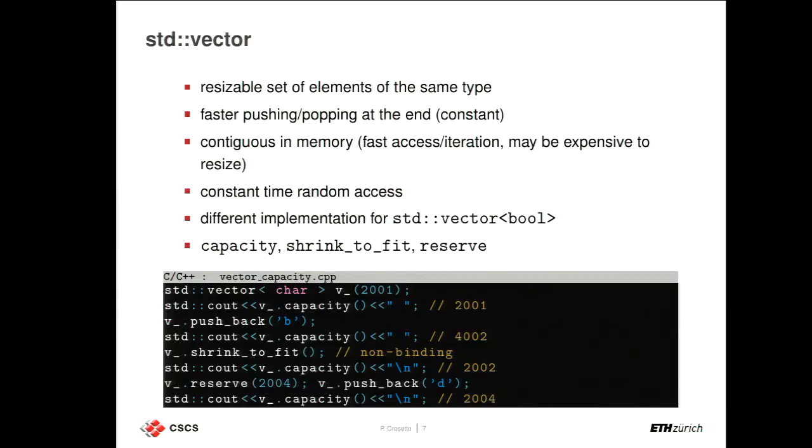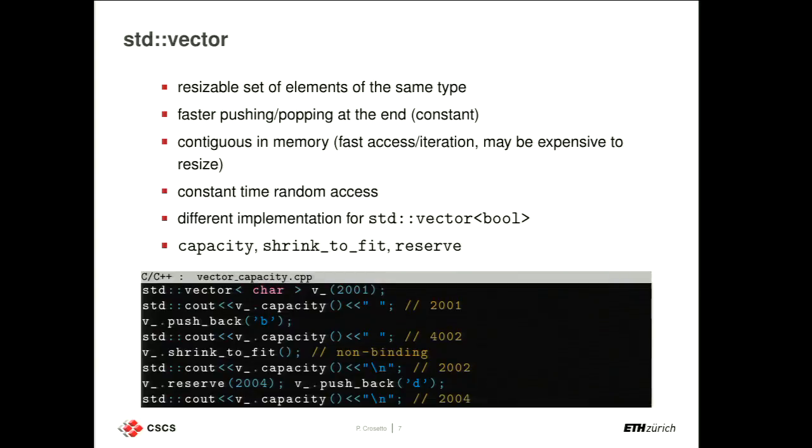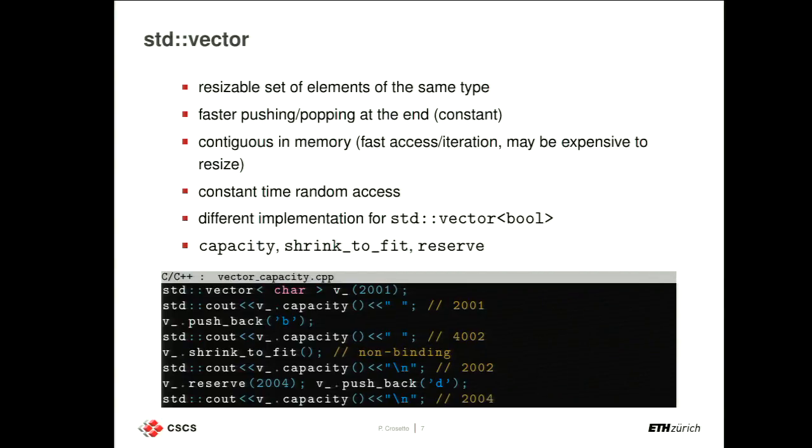It is guaranteed to be contiguous in memory, like the array. So it has constant time access wherever in the vector, but it's expensive to resize, because if you change the size, it might be allocating a new buffer in memory and copying everything.